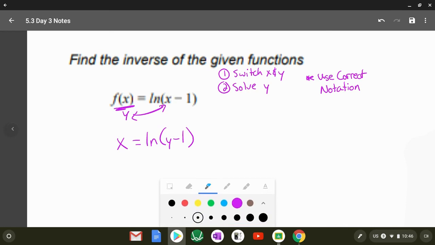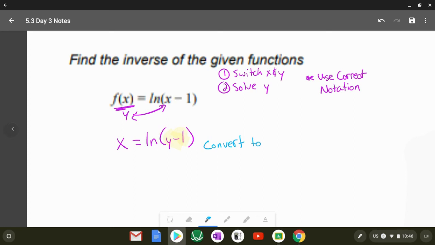And then here's where the conversion between exponential and logarithmic functions really helps. Anytime you need to get something inside of the log out of the log, we can convert to whichever form we are not in. So we're going to convert to exponential form.